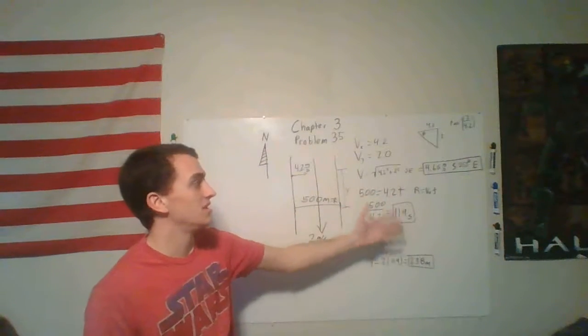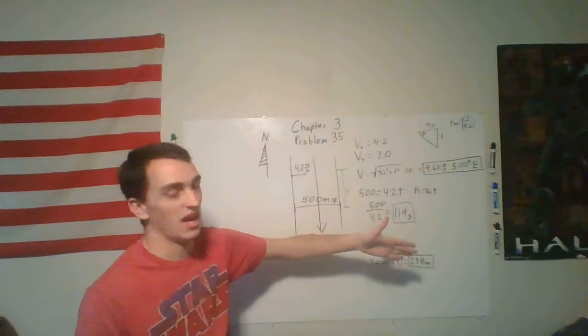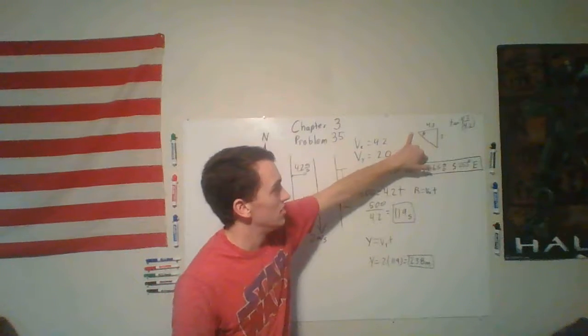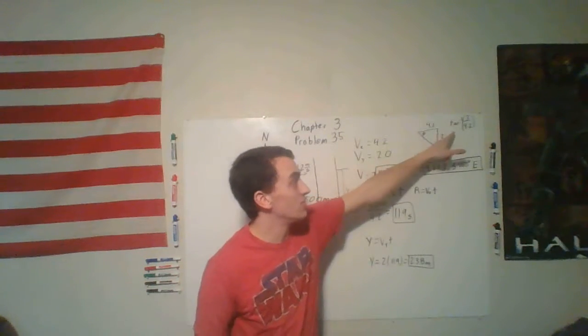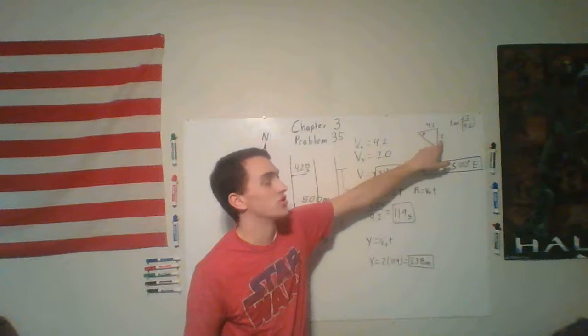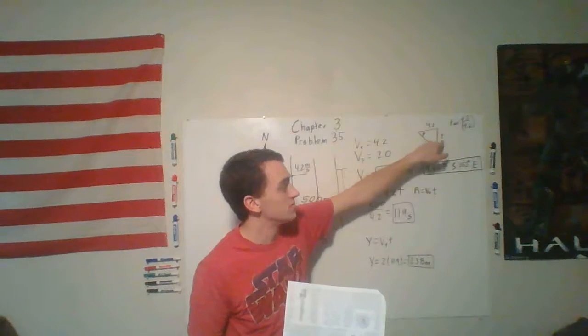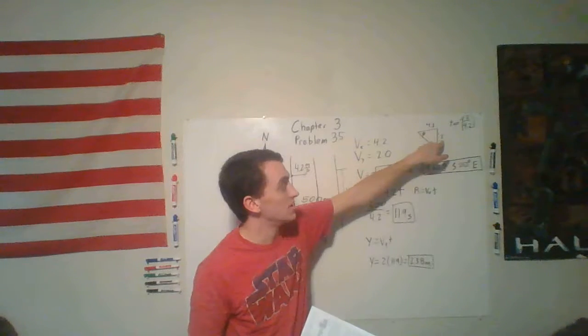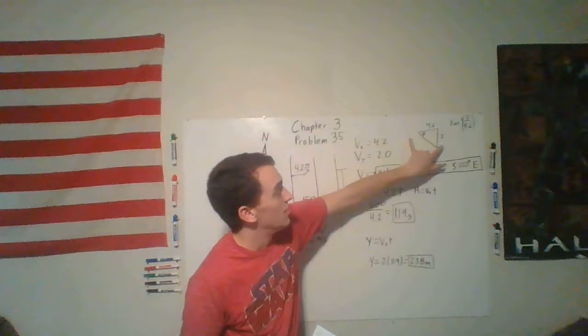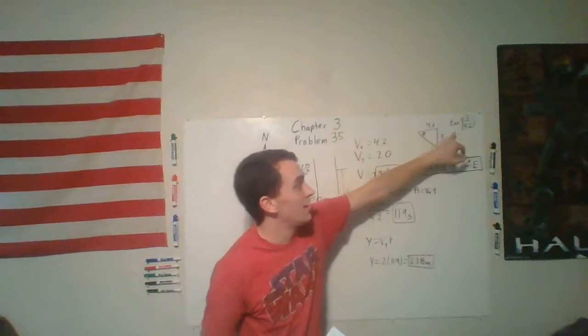For the direction, I decided to use angles. So you can take the inverse tangent of our opposite, which based off of our angle is 2. Oh, I messed up a little bit. 2 divided by 4.2.